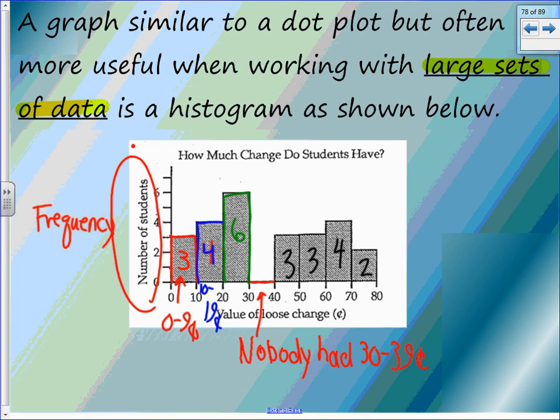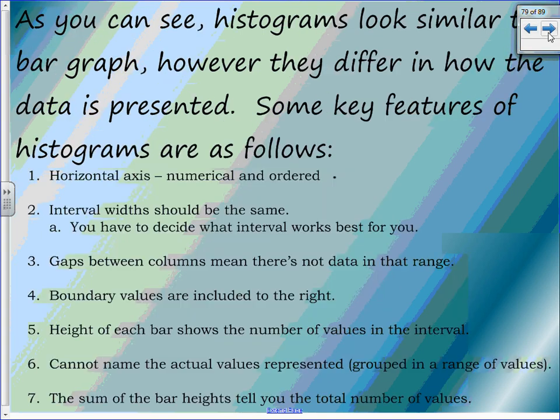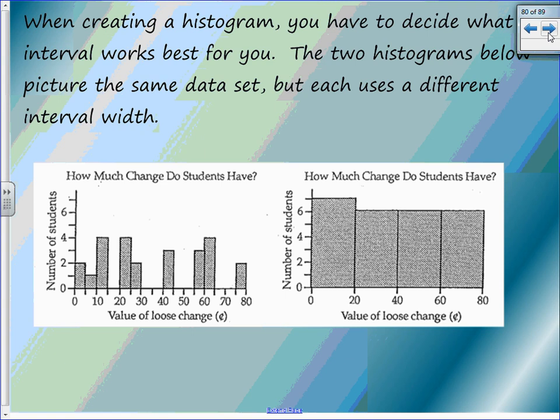So when you go about creating a histogram, you have to decide how wide you want your bars to be. So we could have our bars represent 5 cents. So notice how many bars get generated if we did 5 cents. Or we could have the bars represent 20 cents.